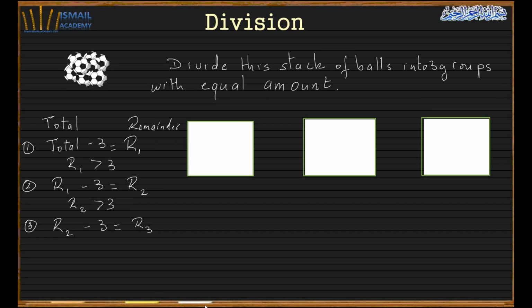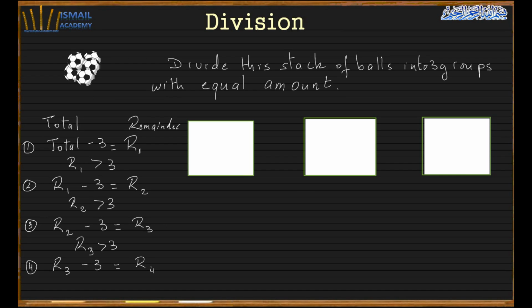Again, I check if my remainder is greater than 3. Obviously it's greater than 3, so I do the process again. I reduce my remainder by 3, I will have a fourth remainder, and I put each ball into the box. Again, I check if my fourth remainder is greater than 3.